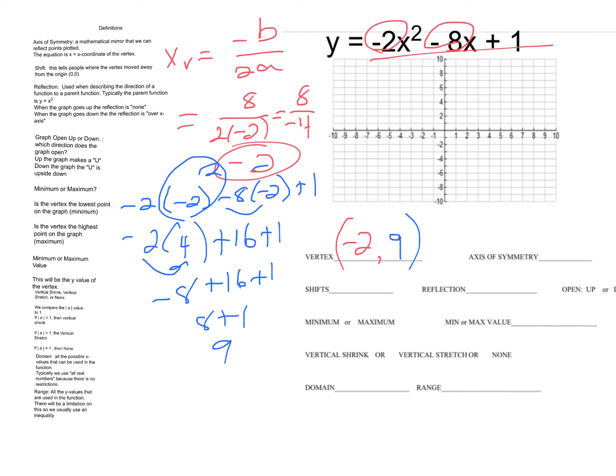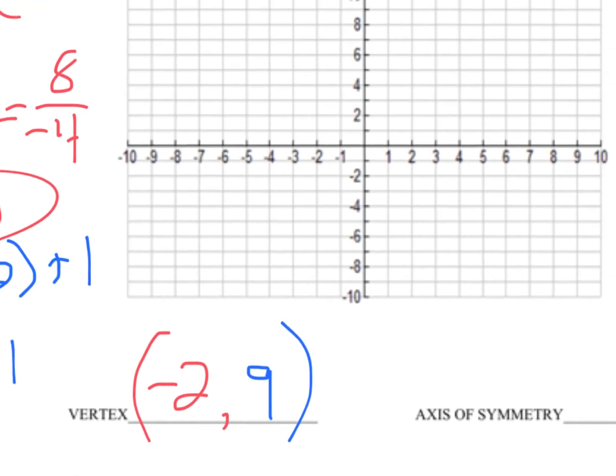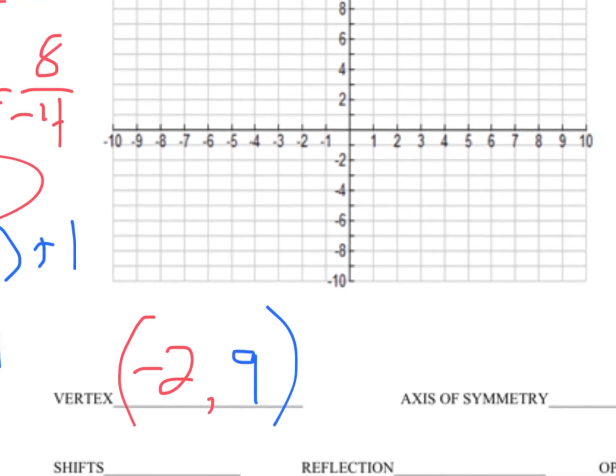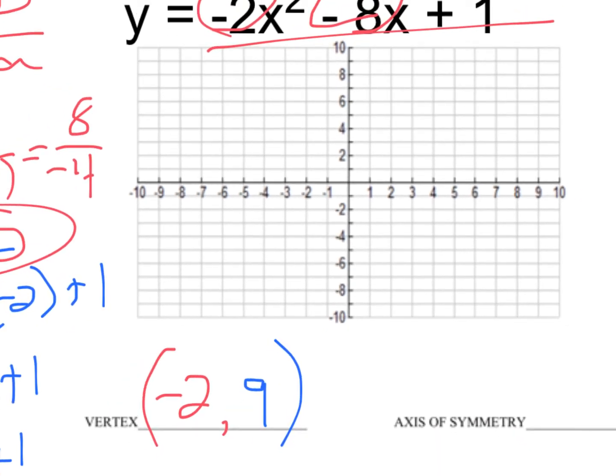So now, let's zoom in, and we'll plot our vertex. Okay. Alright, so we are going to go to the coordinate negative 2, 9. Oops, gotta fix my... Shoot. Let me fix that first. There we go.